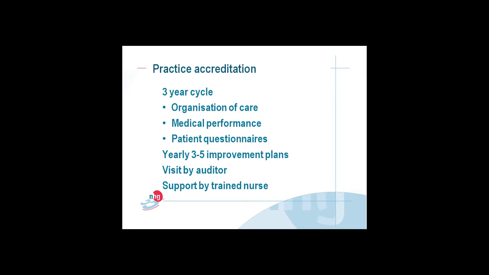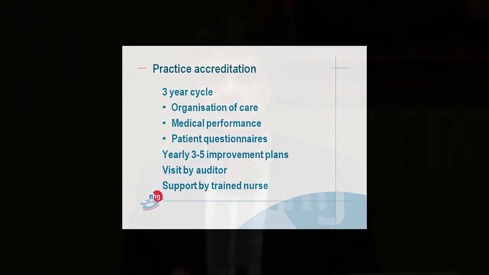One improvement plan has to be at the organizational level, one at the patient level, and one at the medical performance level. The 2 others you can just choose. You get visited by an auditor every year, and you get support by a trained nurse. That's a system that has worked for some years in the Netherlands, and it really helps practices to get a step forward.